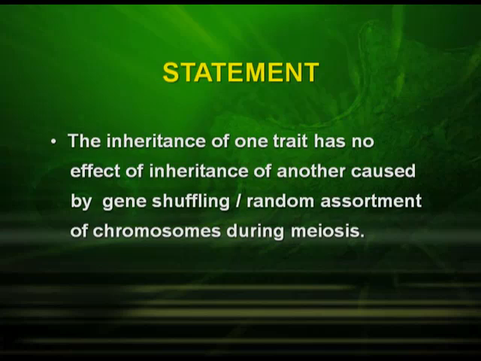The second law is the law of segregation, and the third law, the law of independent assortment. We can state the law of independent assortment as follows: the inheritance of one trait has no effect on the inheritance of another, caused by gene shuffling or random assortment of chromosomes during meiosis.